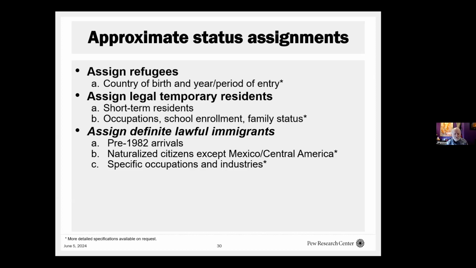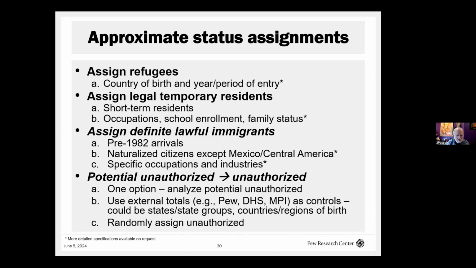Again, the lawful immigrants: people who've been here before 82, people who are naturalized citizens, people in specific occupations, industries, and getting specific government programs tend to be virtually certain to be lawful immigrants. So that leaves the potential unauthorized then.